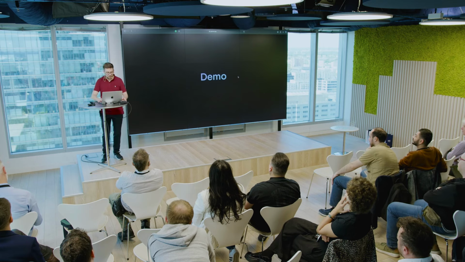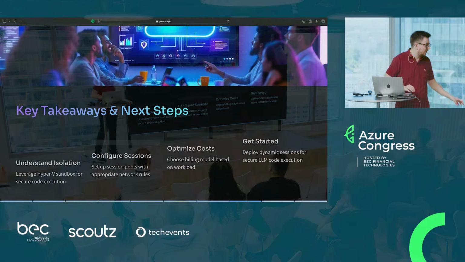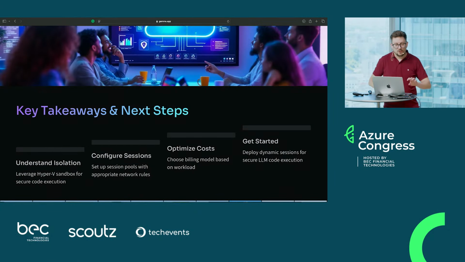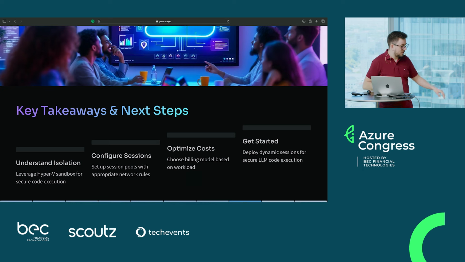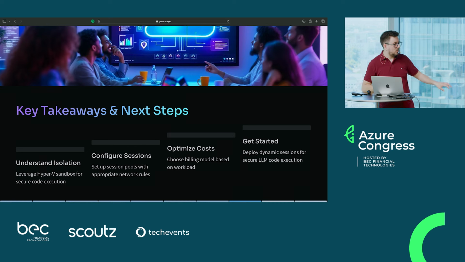Okay, so that was the demo. So the key takeaways. So you understand how the isolation works. Our environment is sealed and is safe to generate and execute the code. We can configure the sessions, so we can even make some conjunction with our network. We can optimize costs.